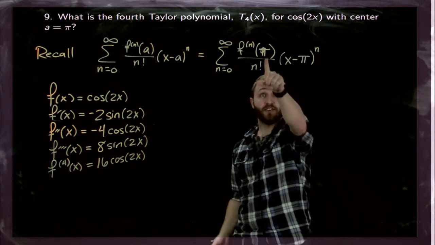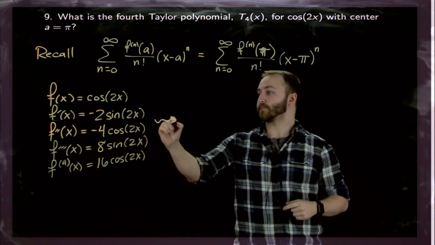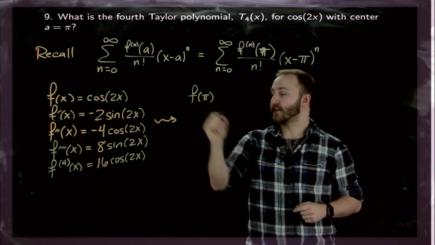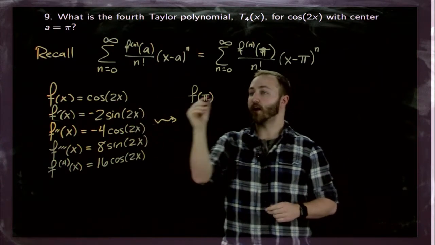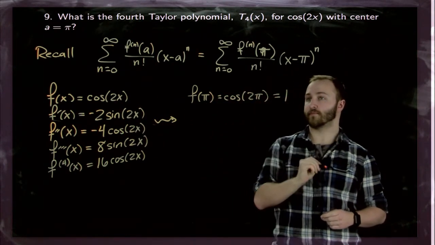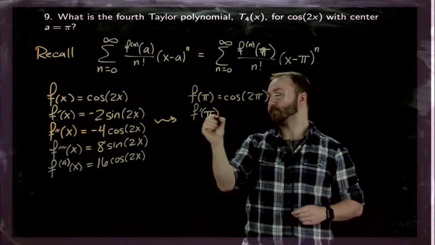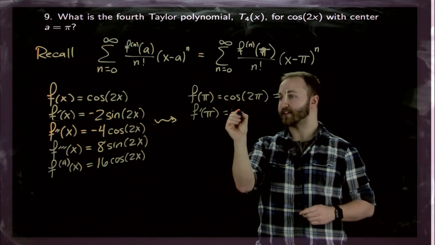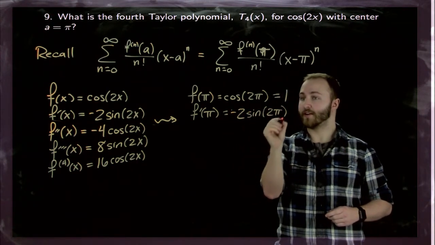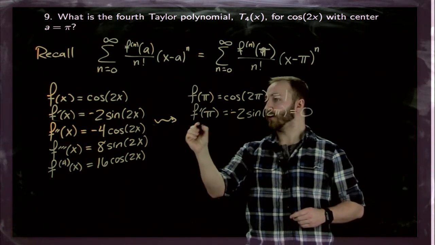So now let's go ahead and plug in pi so we can find these coefficients. So when we plug in pi, we get f of pi is equal to cosine of 2 pi, which is 1. Next, we get f prime of pi is equal to minus 2 sine of 2 pi. And sine of 2 pi is 0. So we get 0 there.